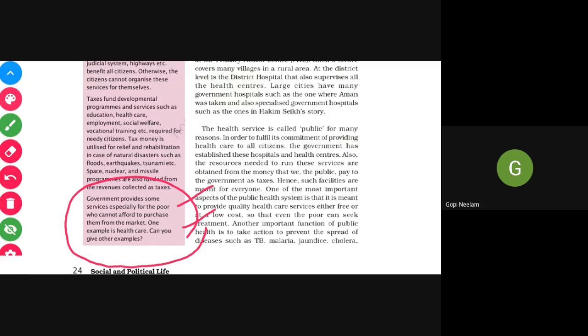This is the homework for you all. You need to answer this question: what other services is the government providing to the poor people from the money they are collecting from taxation?